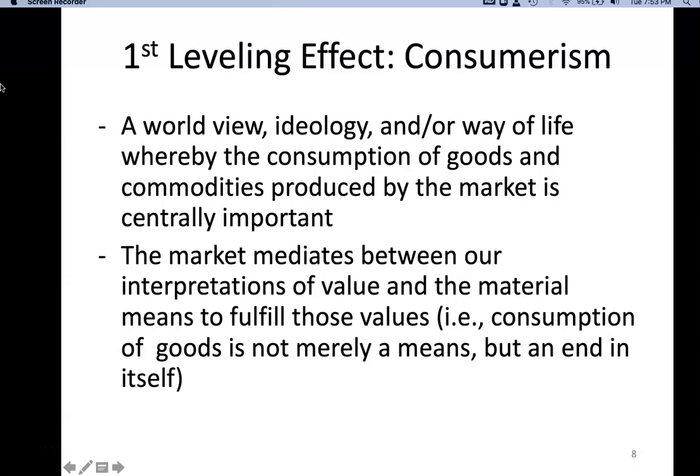We are consumers, and we can't escape that unless we become hermits somewhere in the world. Okay, we consume commodities, and in the broadest construal of consumerism, that's what it means. You consume commodities.